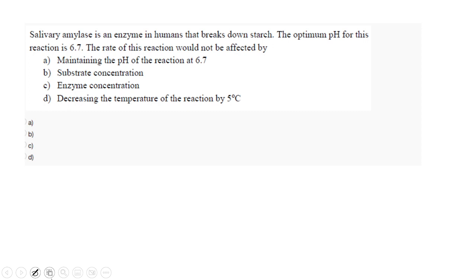Salivary amylase is an enzyme in the human system. The optimum pH is 6.7. The rate of reaction will not be affected if you increase or decrease the enzyme concentration?